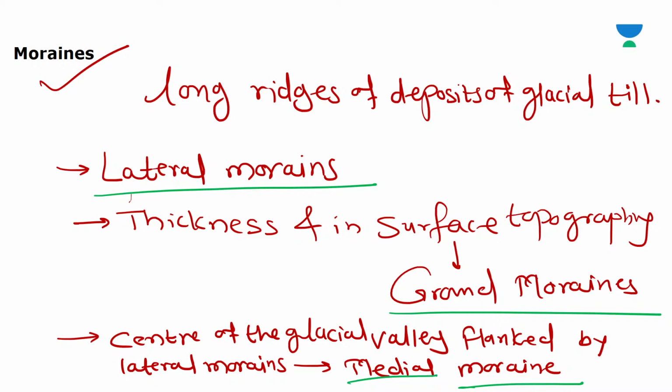They are imperfectly formed as compared to lateral moraines. So sometimes these medial moraines are indistinguishable from ground moraines.